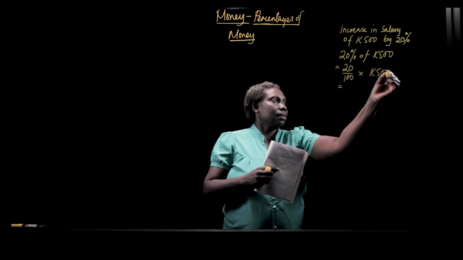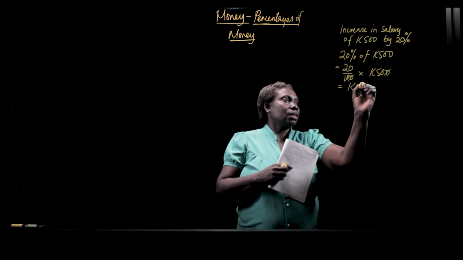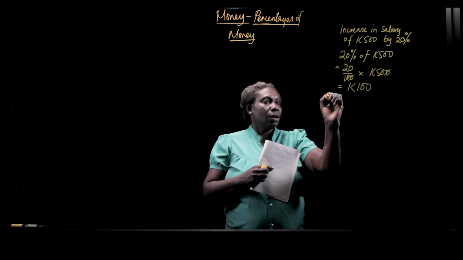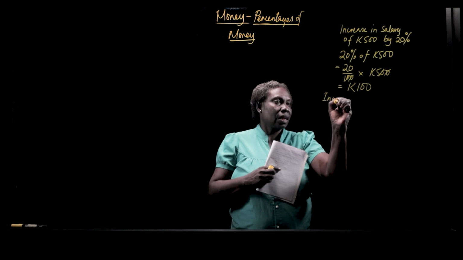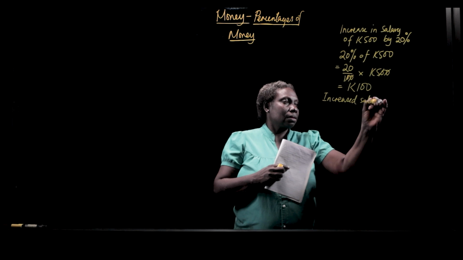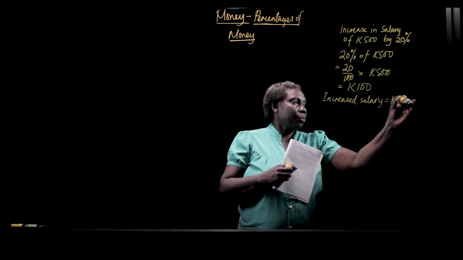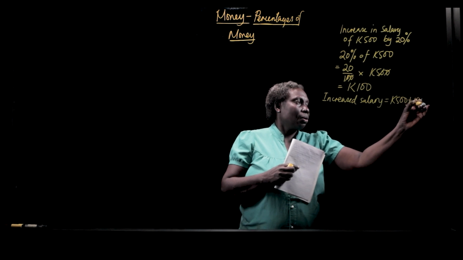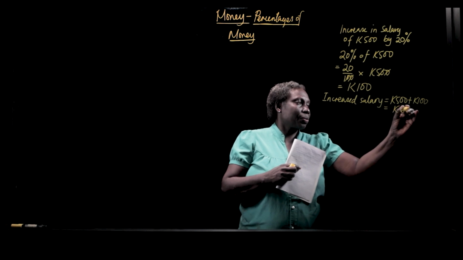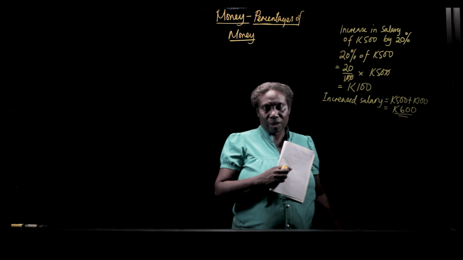This cancels out, so 20 times 5 gives us 100 kina. So the increased salary is equal to 500 kina plus the 100 kina increase, and that gives us 600 kina. So he receives a salary of 600 kina.